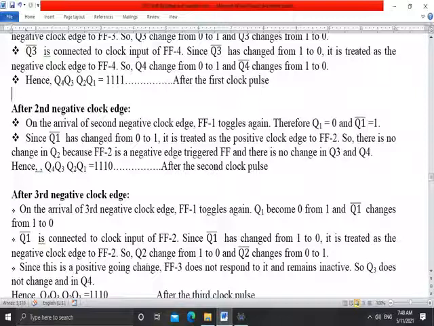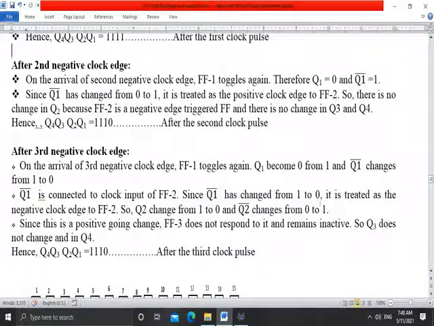So Q2 changes from 1 to 0 and Q2 bar changes from 0 to 1. 0 to 1 change is a positive change, so flip-flop 3 does not respond to it and remains inactive, so Q3 does not change, and Q4 also.